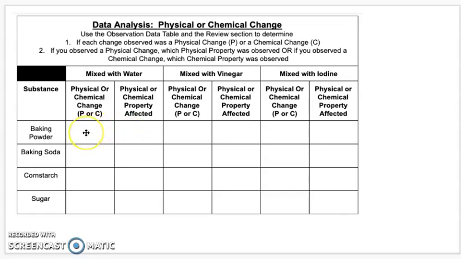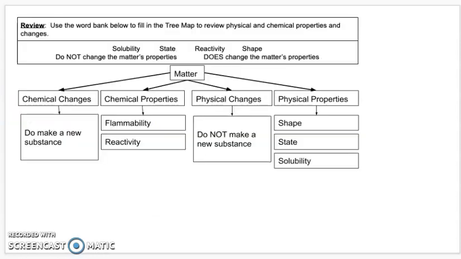Let's say I saw it dissolve. That's a physical change, so I would put a P here. And I know that if it dissolves, my physical property would be solubility. So this tree map is going to help us. If I did make new substances, I only have 2 choices for which property, flammability and reactivity.